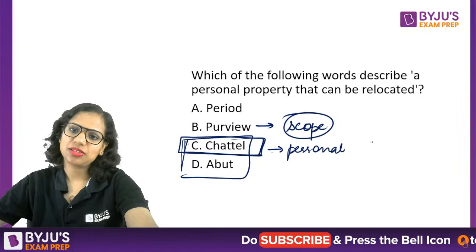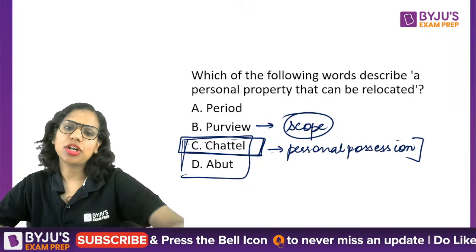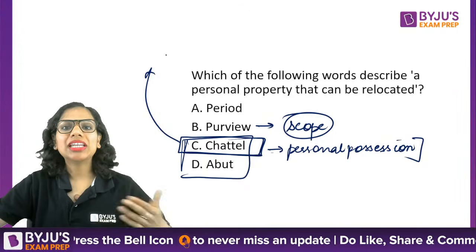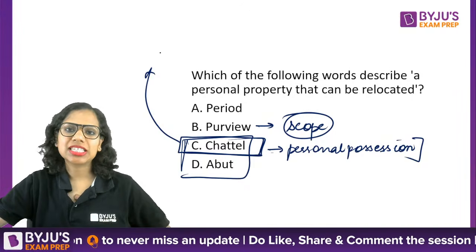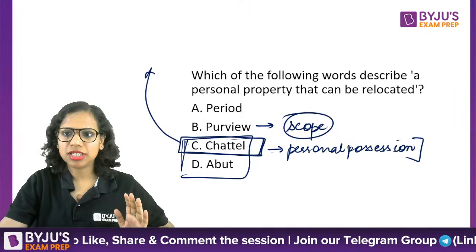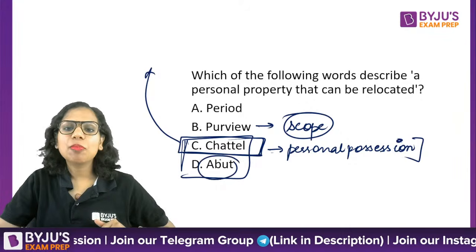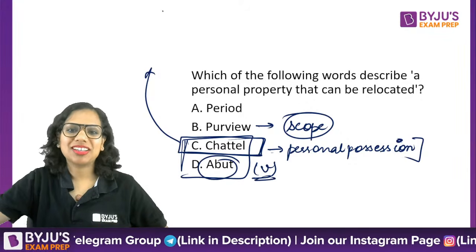This is the answer. And I have often heard it in this context that the judge says that a man cannot treat a woman as his chattel. So personal possession, right? Abut is a verb actually. Abut.